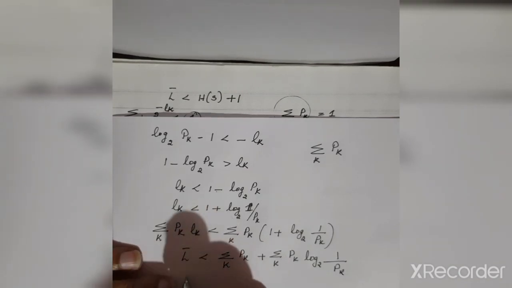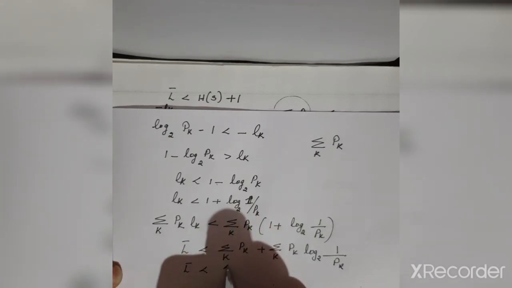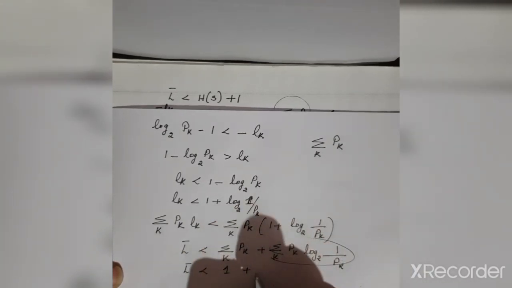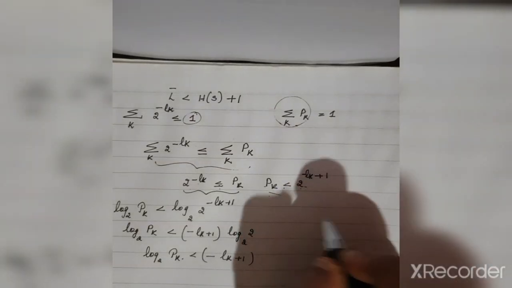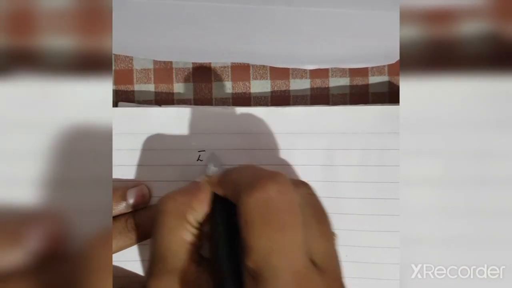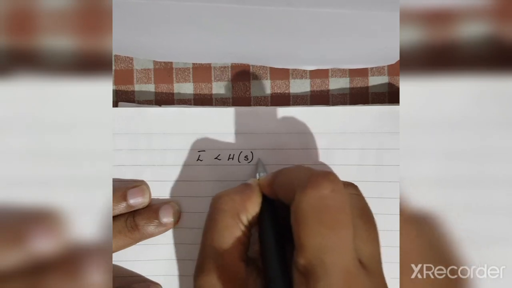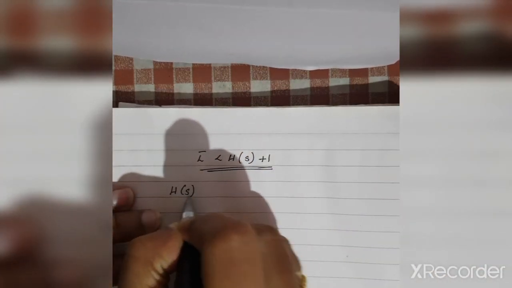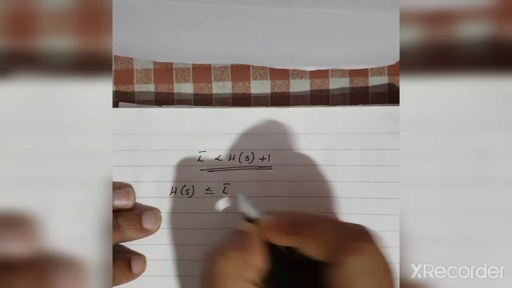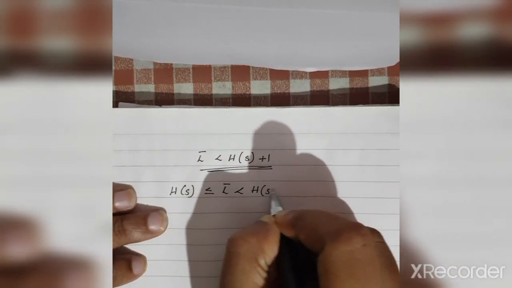The first term is obviously 1, plus, what is this? This is your h of s. So what you got is that L bar is less than h of s plus 1. Thus we proved the upper bound for the source coding theorem. That is, the source coding theorem is bounded as h of s less than or equal to L bar less than h of s plus 1.